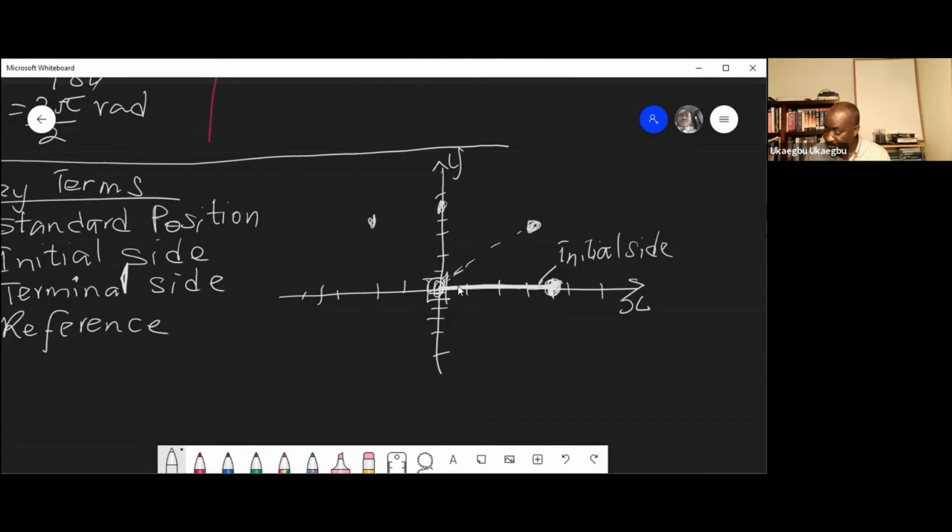You keep swinging and you get to this point, which corresponds to your y-axis in the coordinate plane. You have covered 90 degrees, and on this 90 degrees, you have also made pi over 2 radians. The same thing, 90 degrees is pi over 2 radians.